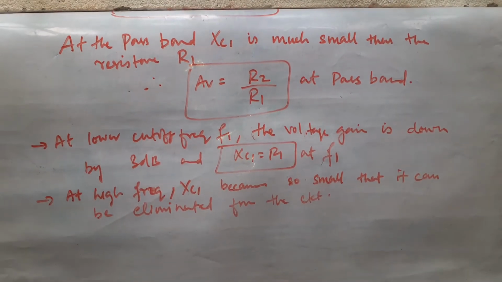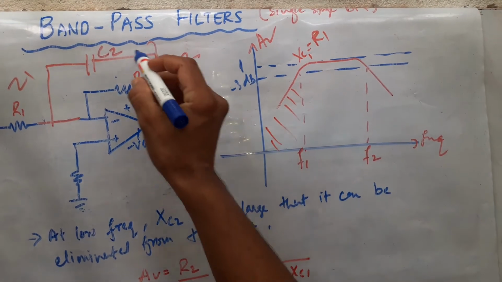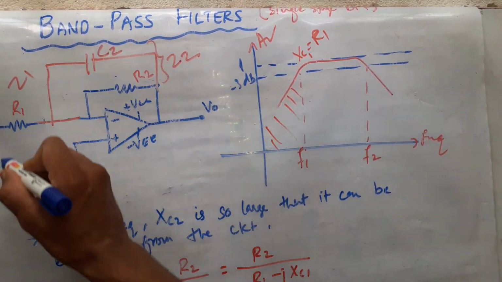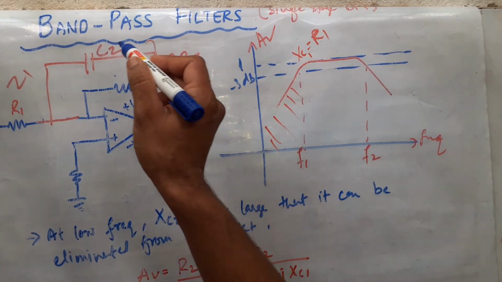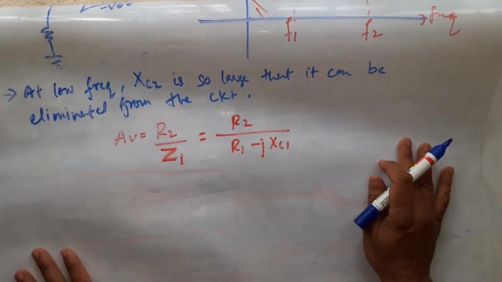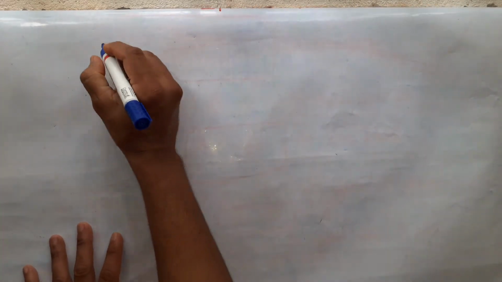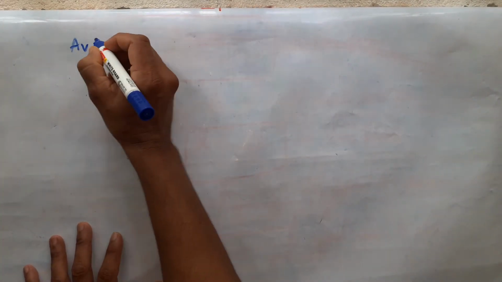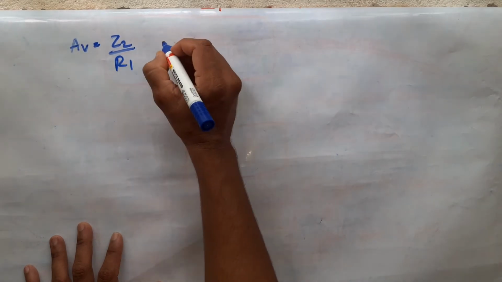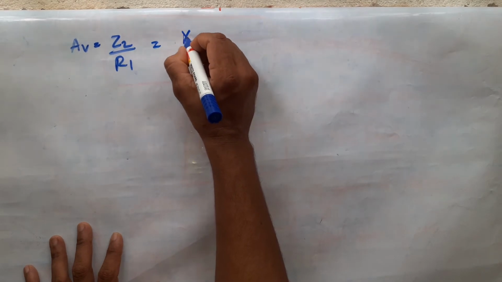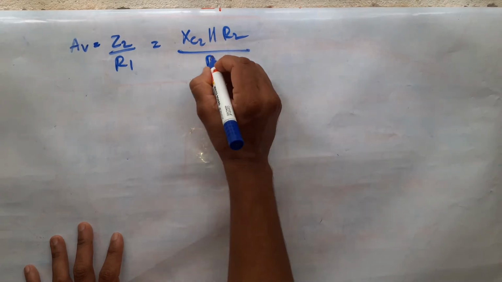So how can we write the voltage gain for this modified circuit? The voltage gain is feedback impedance by input impedance, right? Z2 by Z1. That is AV equal to Z2 by Z1, where Z1 is only R1. What do we have in Z2? In Z2 we have a capacitance C2 in parallel with resistance R2, isn't it?